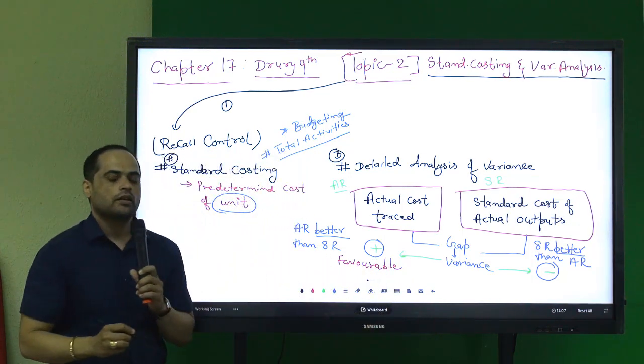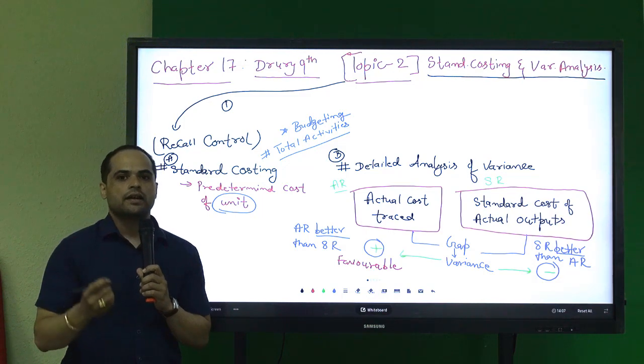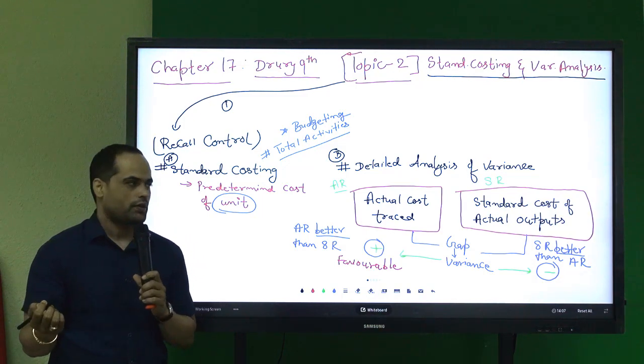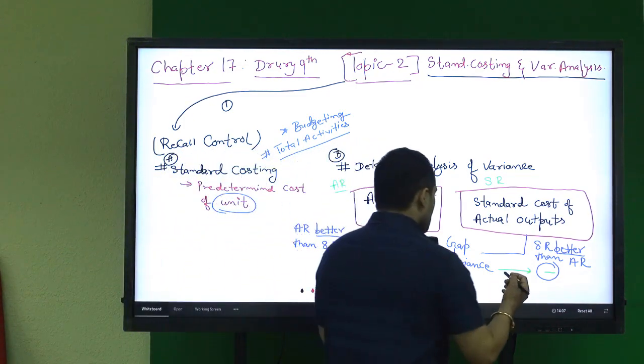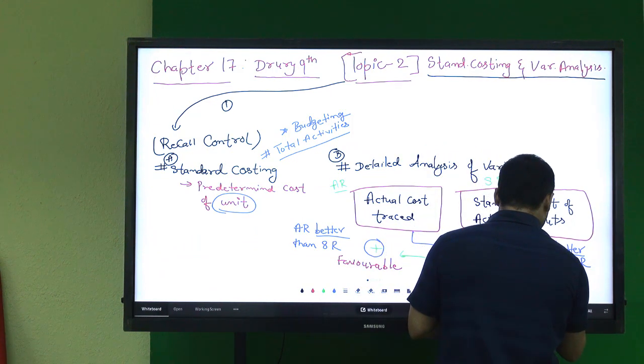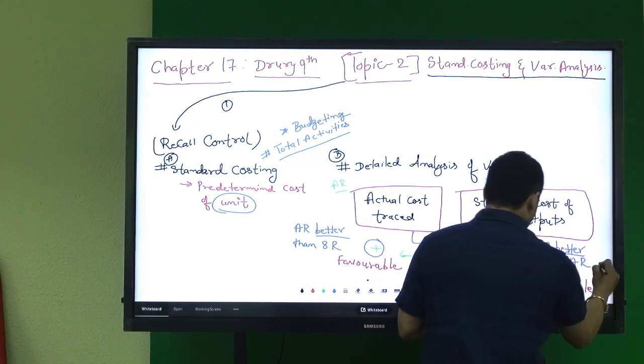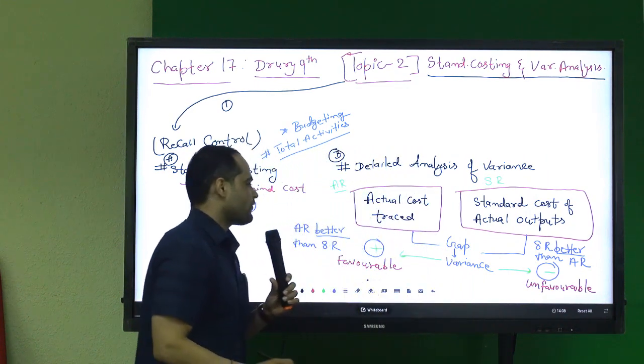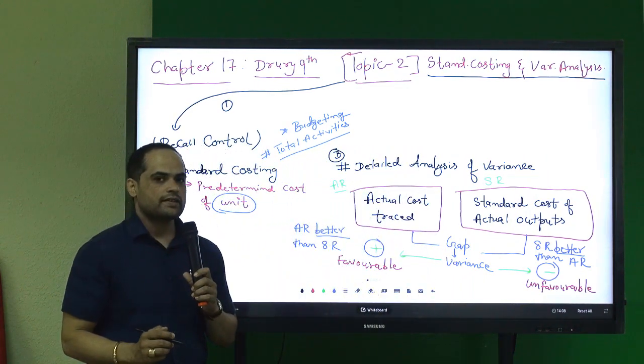Favorable means the variance is positive. And unfavorable means the variance is negative.